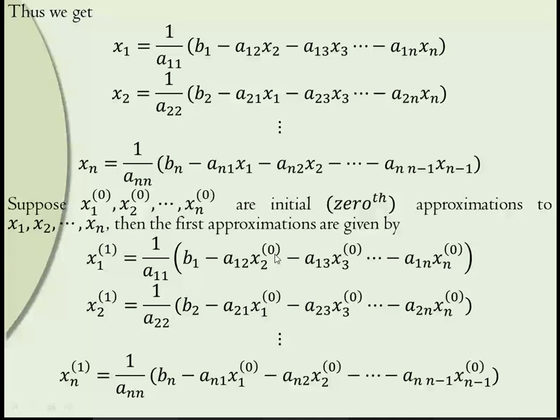Okay, then using this initial approximation, putting the values for x1 to xn as x10 and so on, we can get the first approximation. Like that, if we take k in place of 0, then we can get the k plus 1th approximation.